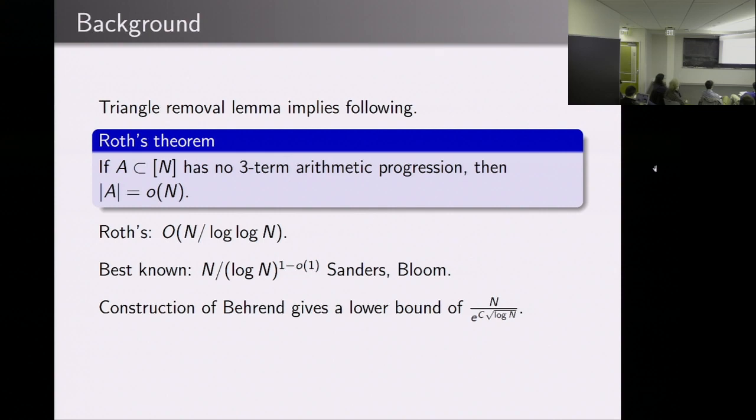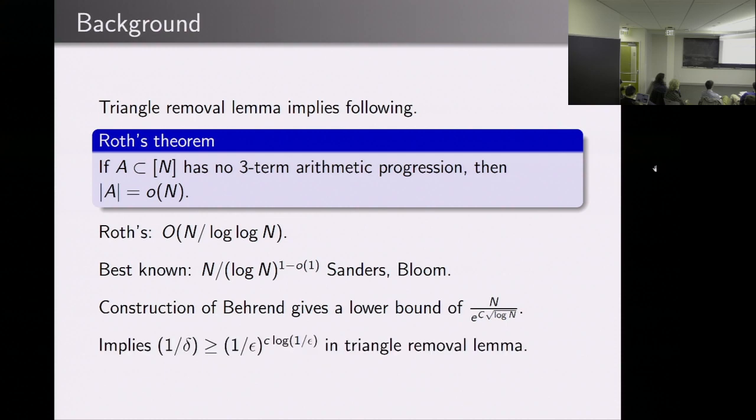One reason I want to mention this in particular is that this gives a bound in the triangle removal lemma for graphs. For removal lemmas in general, I like to think of 1 over delta, the density of whatever you're looking at, as a function of 1 over epsilon.